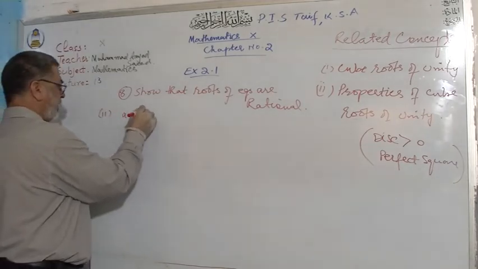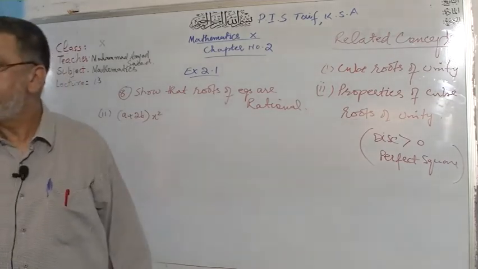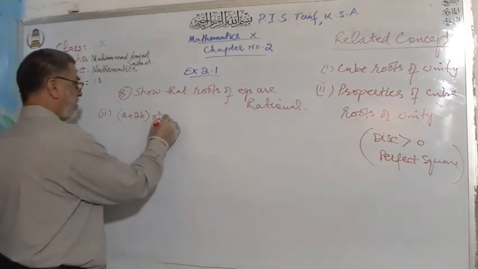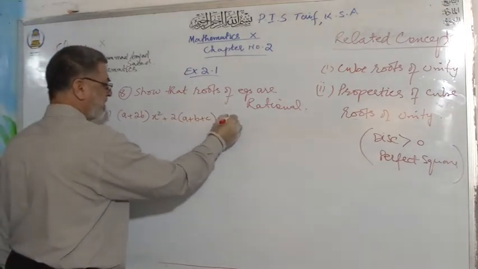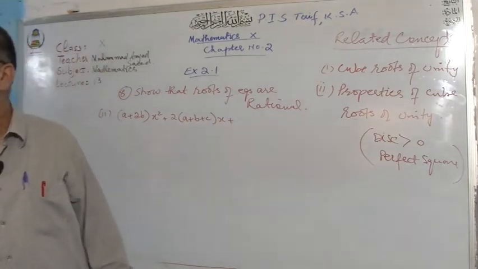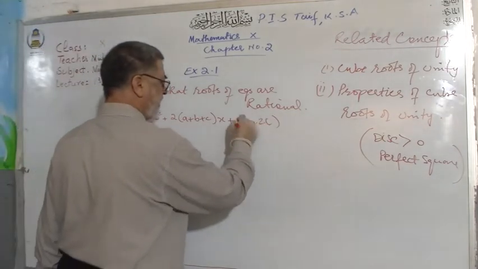a plus 2b into x square, 2 into a plus b plus c, plus 2 into a plus b plus c into x, and plus a plus 2c, a plus 2c is equal to 0.